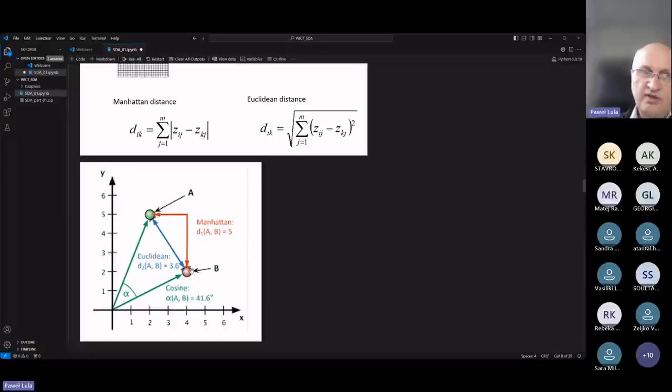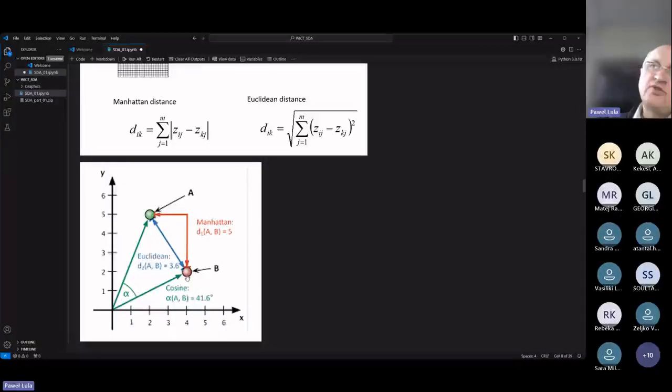These two points represent objects. When we are talking about Euclidean distance, we should remember that the Euclidean distance between two points is equal to the length of the line connecting these two points.